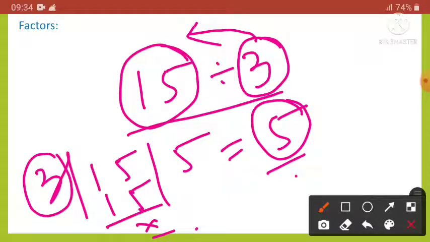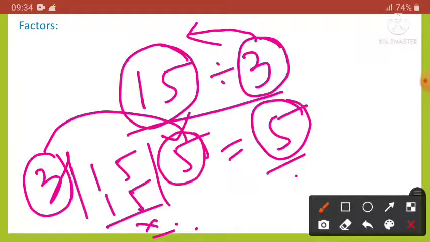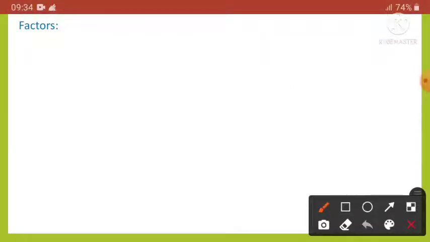3 is a factor of 15, and also as 3 multiplying with 5 gives no remainder, so 5 also is a factor of 15. So that means the simple rule is that a factor of a number is another number which divides the number completely without any remainder.